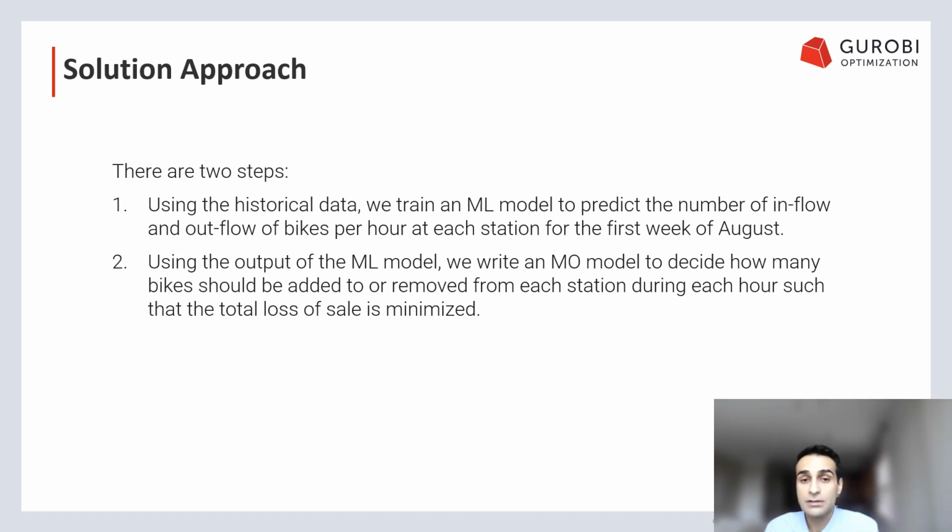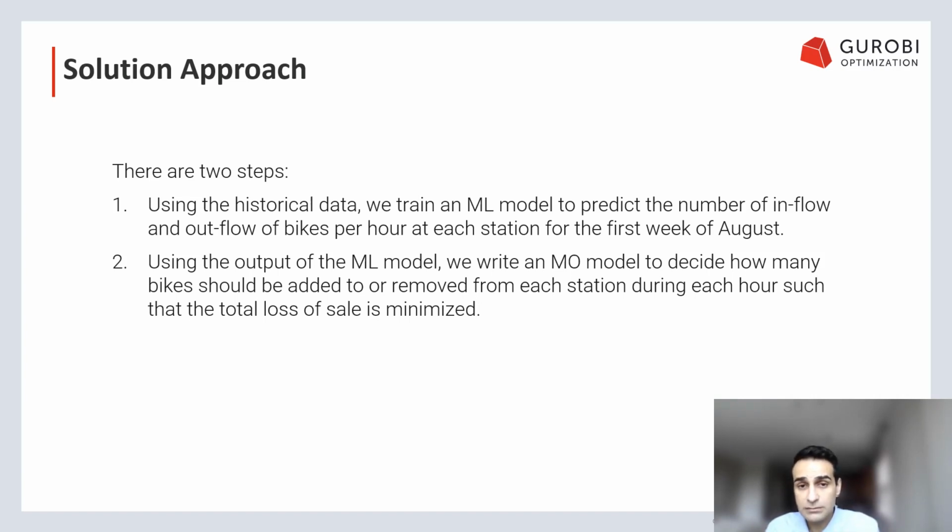Knowing this, then we want to use the output of this machine learning model as an input to a mathematical optimization model. In that model, we want to decide how many bikes should be added to or removed from each station during each hour so that we can minimize the loss of sale.